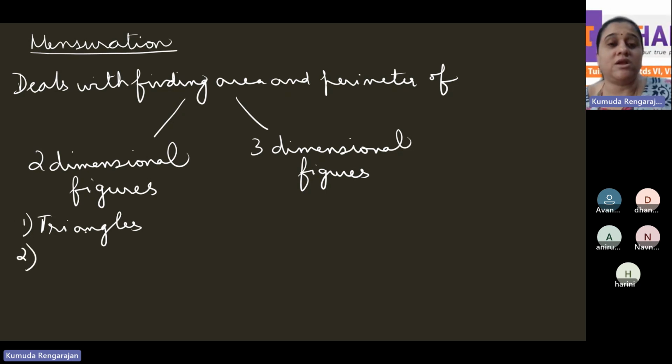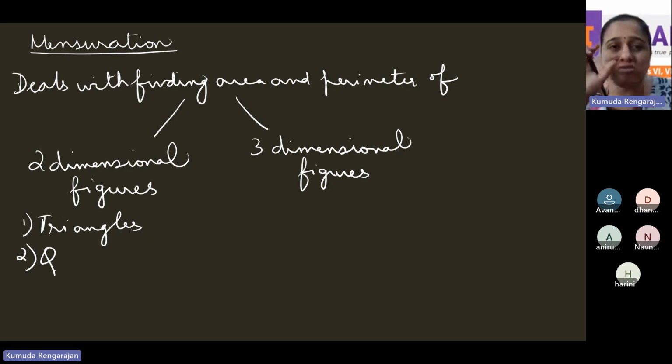And then we'll also learn how to find the areas and perimeters of various kinds of quadrilaterals: square, rectangle, parallelogram, rhombus, trapezium, kite.